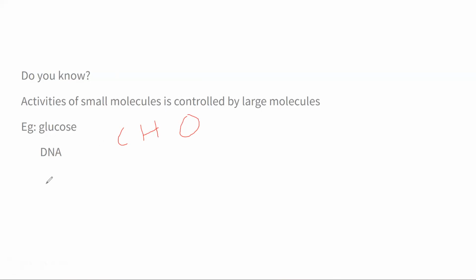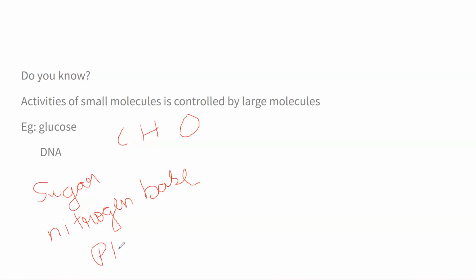If you want to break DNA, there is a sugar. In DNA, you will have sugar, nitrogen base, sugar is there, nitrogen base is there, phosphate group is there.